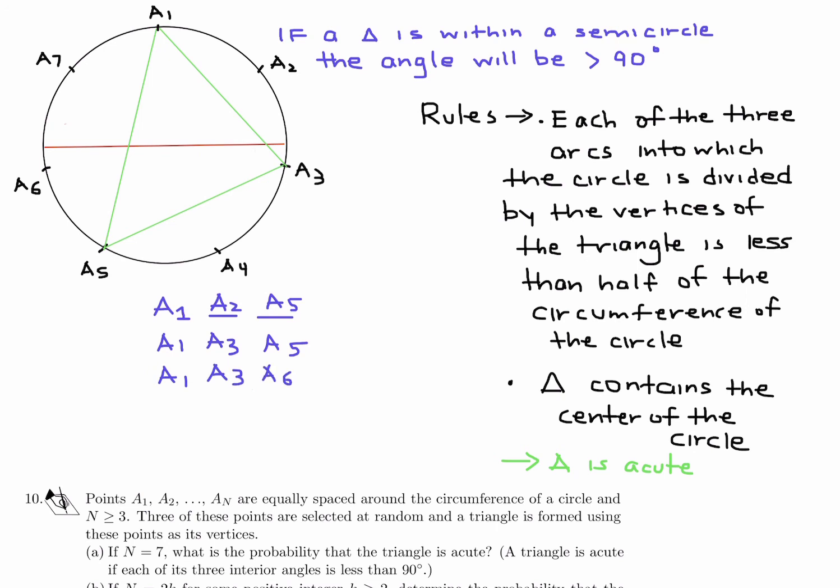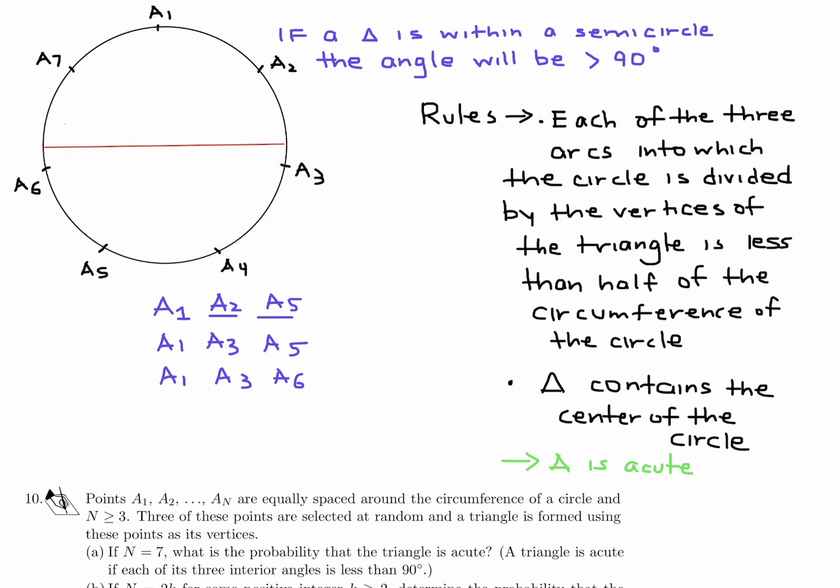Let's see if that one works. And the answer is yes, it does. It satisfies both of those rules. The center is inside, and none of those arcs are greater than half of the circumference. This is probably the greatest arc, and it is less than half of the circumference. So there you go. That one works.